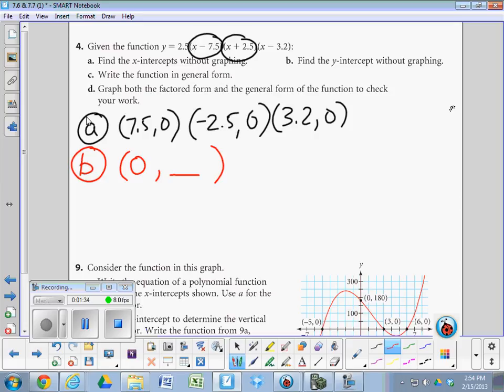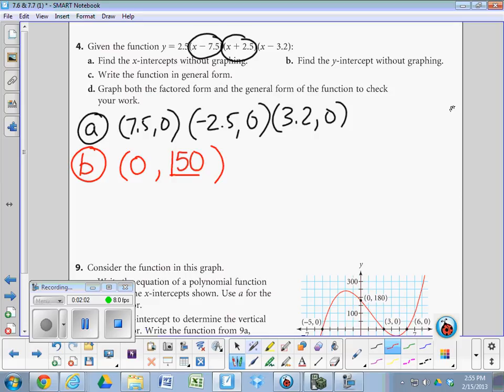So put this 0 here, here, and here, and multiply. This times this times this times that. Anyone? Correct. You get 150. That is the y-intercept of this polynomial.